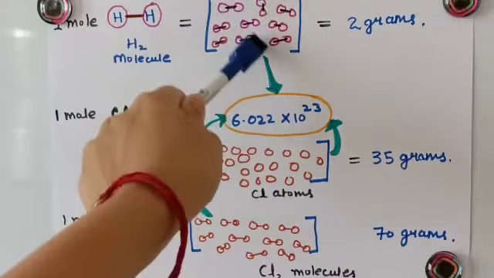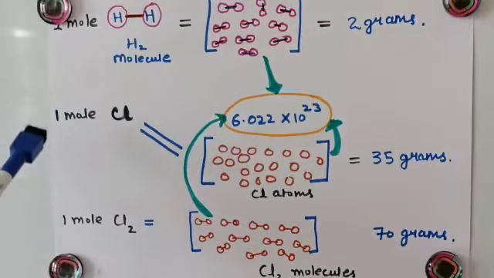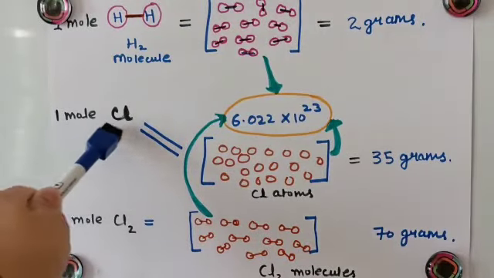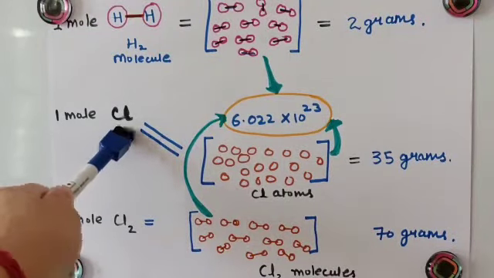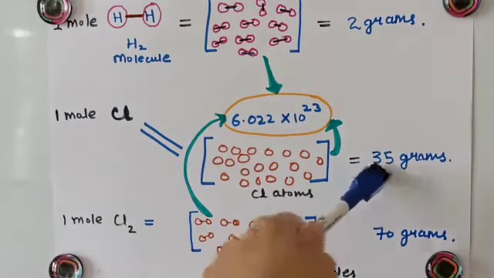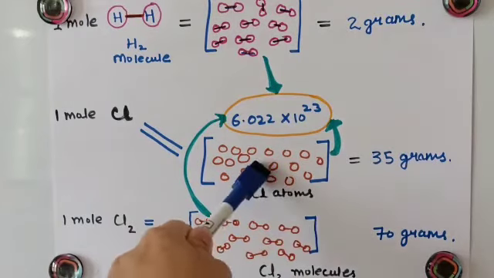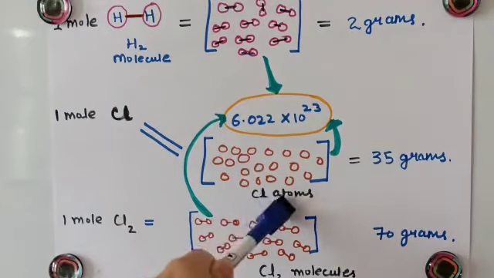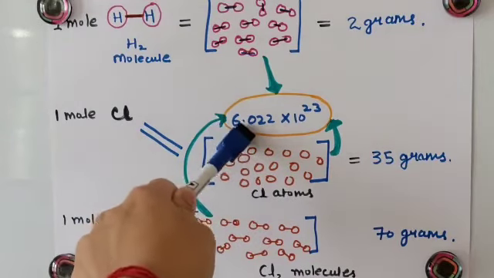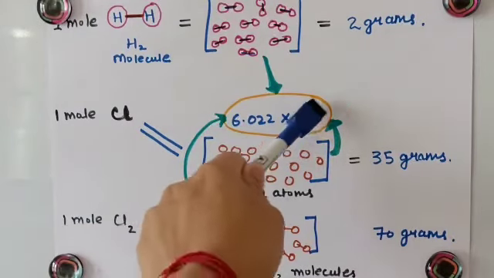Now come to the second example. 1 mole of Cl atoms will be 35 gram of Cl atoms, and the number of Cl atoms present will be 6.022 into 10 to the power 23.